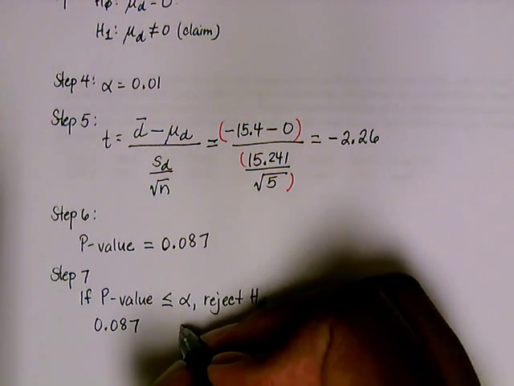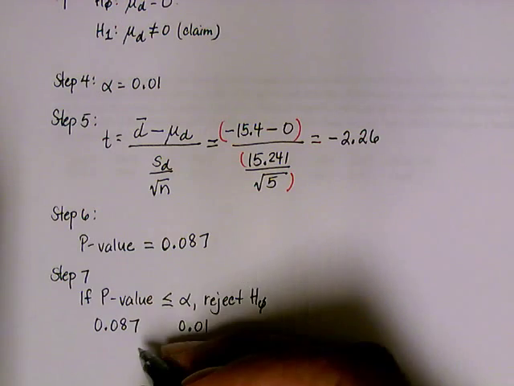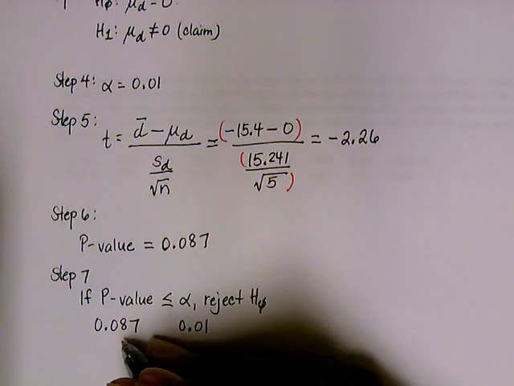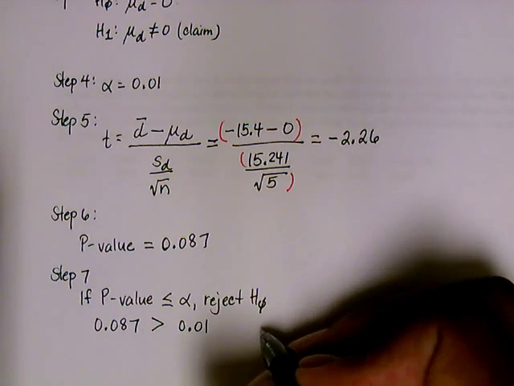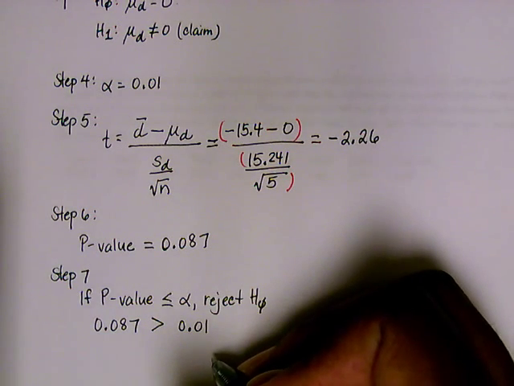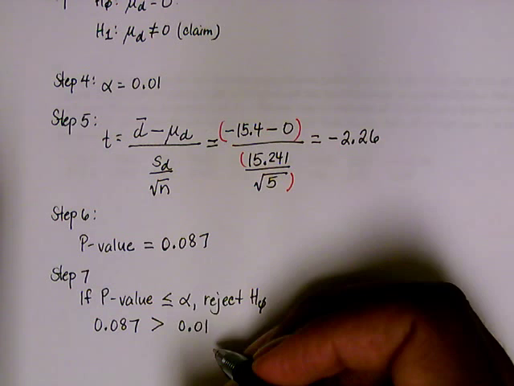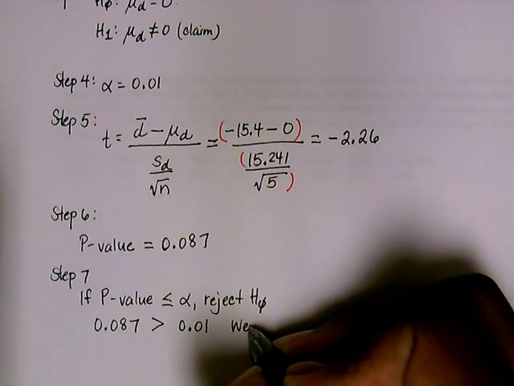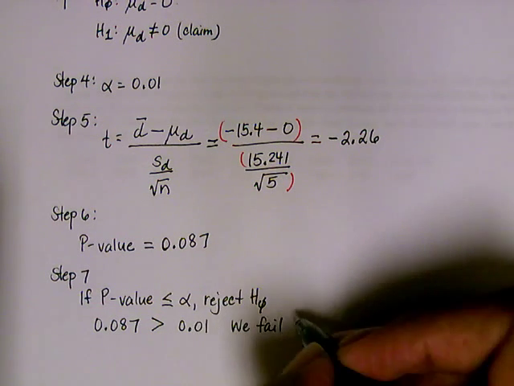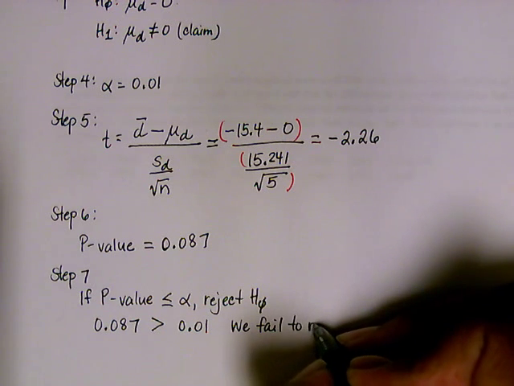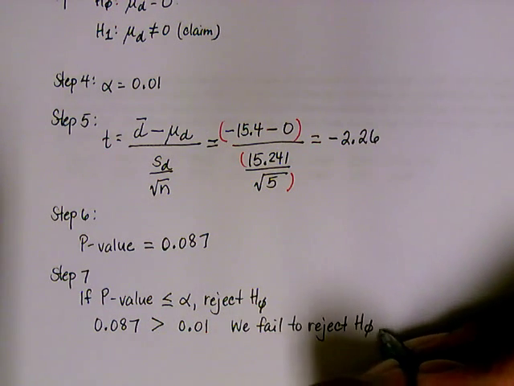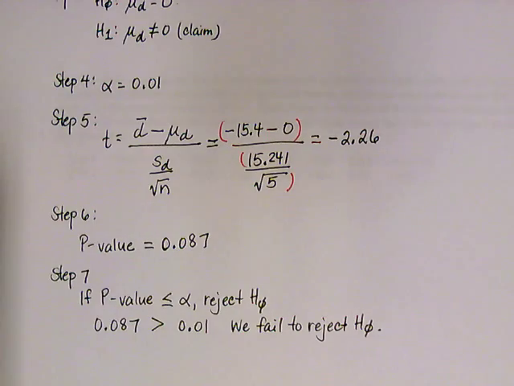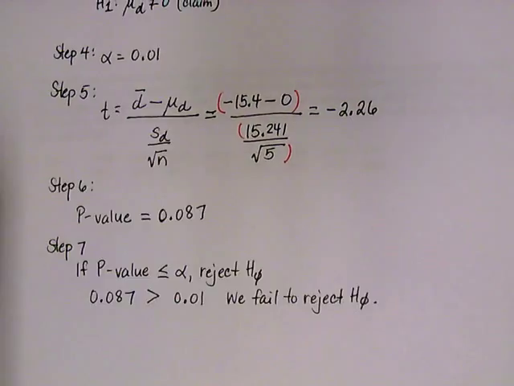The alpha level was 0.01. So we're going to compare those two. You can see that 0.087 is greater than 0.01. So in this case here, it doesn't follow the decision rule, so we have to fail to reject the null hypothesis. So we're failing to reject the null hypothesis.